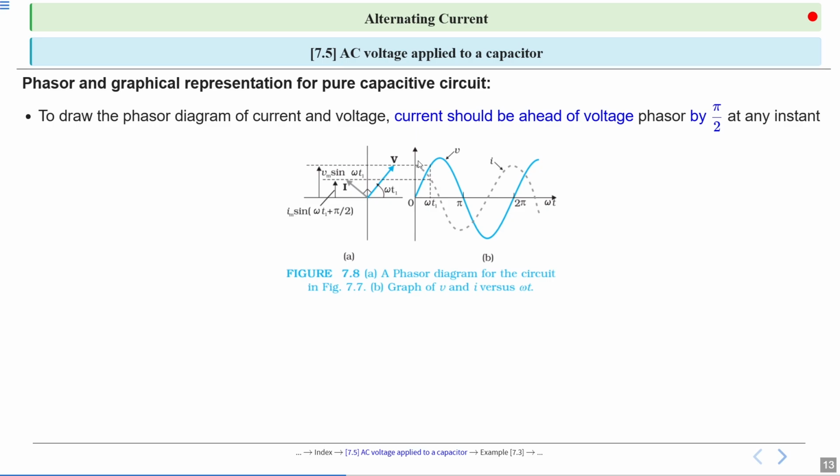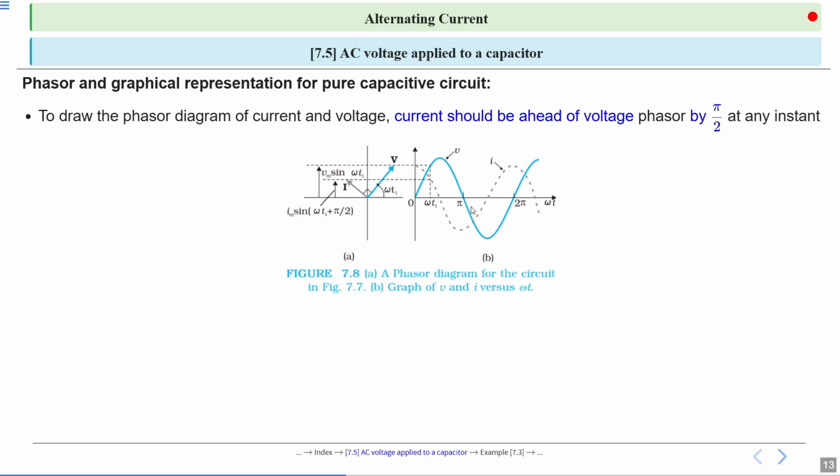Current is reaching the 0 value with the negative slope at pi by 2. And the voltage is reaching 0 at pi, having the same negative slope as current. So the voltage becomes the same as current under the same situation. The current graph has a negative slope, and the voltage graph has the same negative slope after a pi by 2 interval, that is, one quarter cycle.